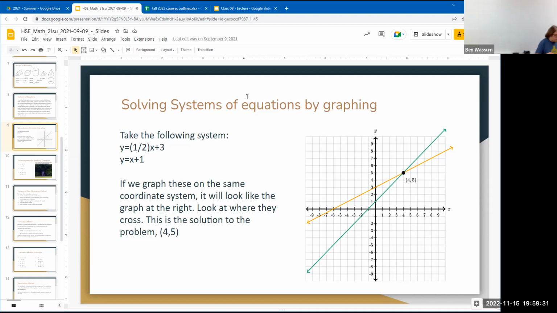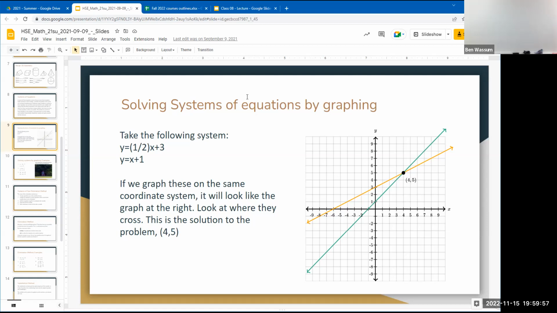Each X in each equation is the same X and each Y is the same Y. There's only one point where that happens, and that's where the lines cross. So the solution to a system of equations is just the point where they cross.